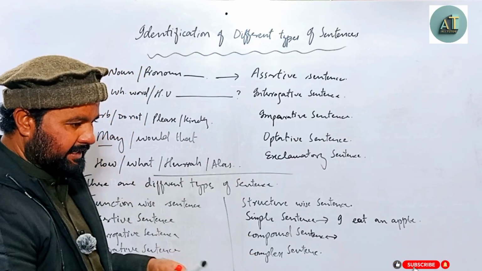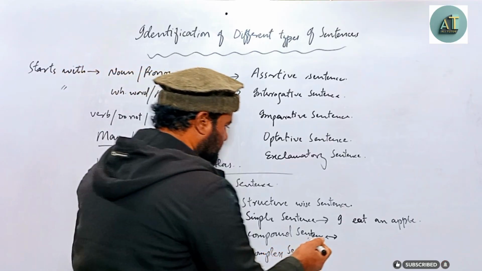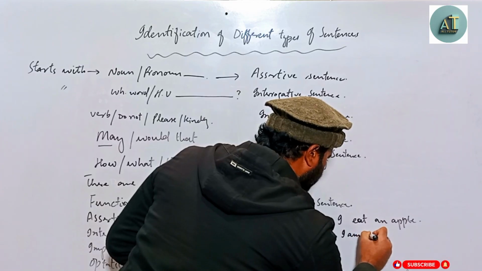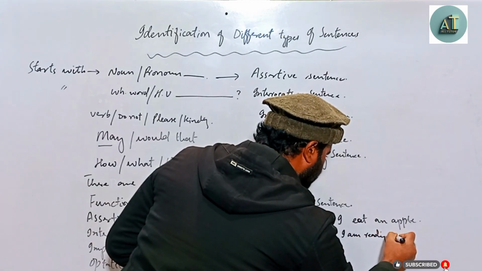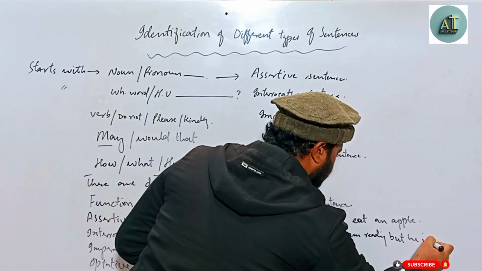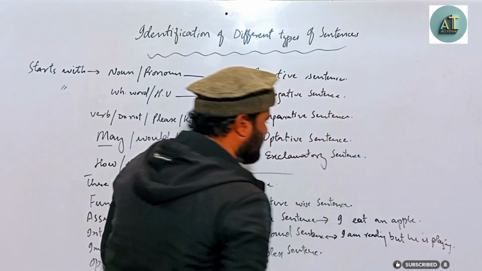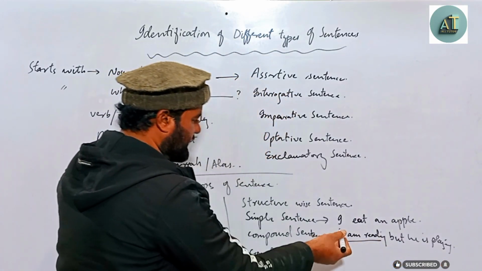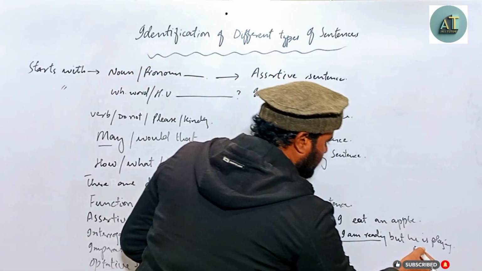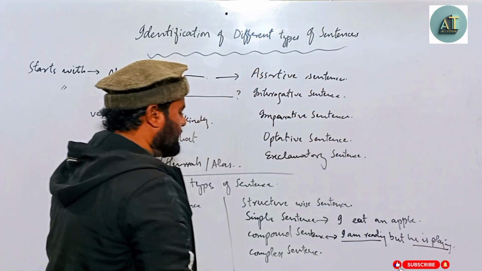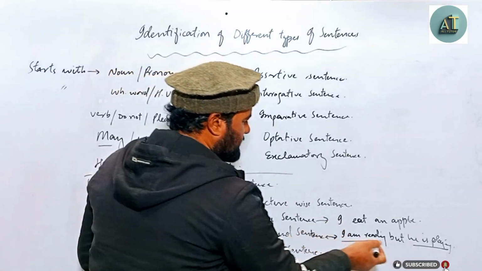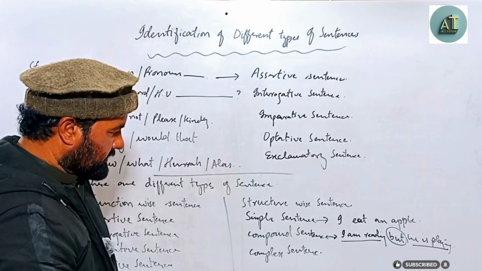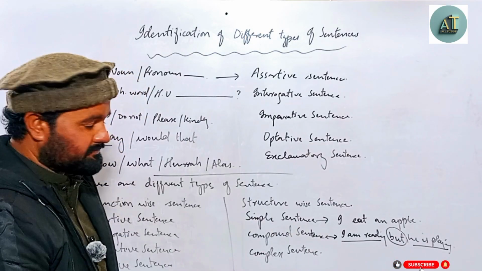A compound sentence has a coordinate conjunction, like: I am reading but he is playing. You can see "I am reading" is a simple sentence, and "he is playing" is also an example of a simple sentence, and they are joined with the help of a conjunction, and the conjunction is a coordinate conjunction.